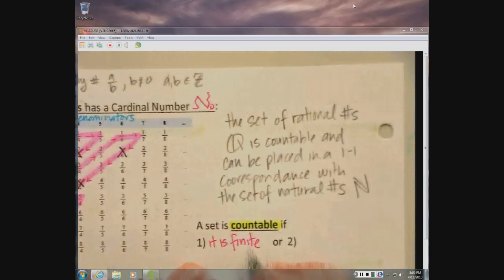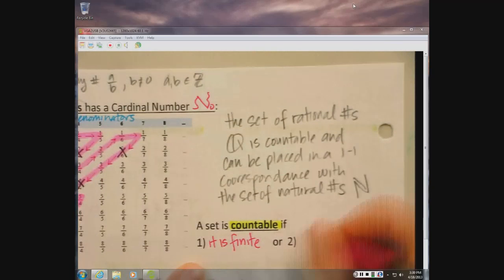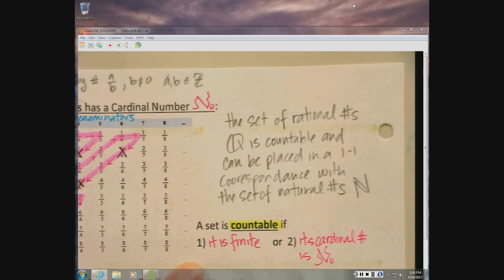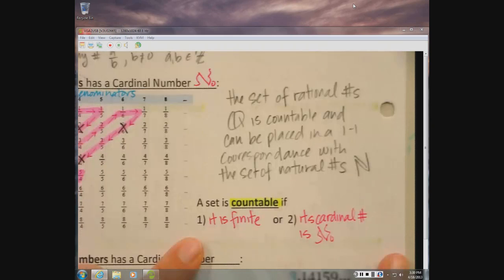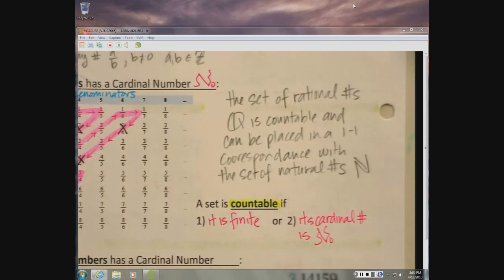So a set is countable if it's finite or if its cardinal number is aleph-null. We're going to do the rest of this in class together.